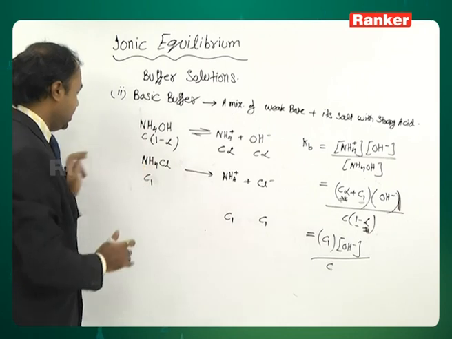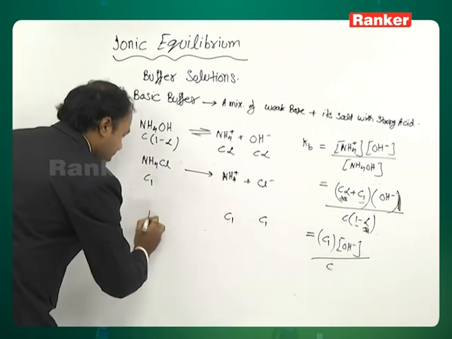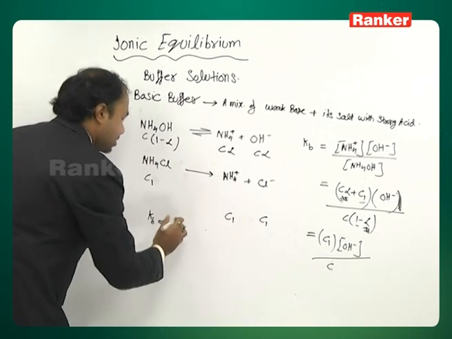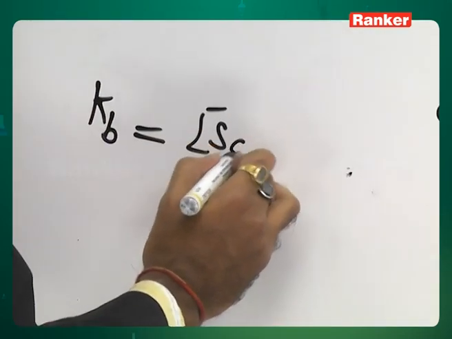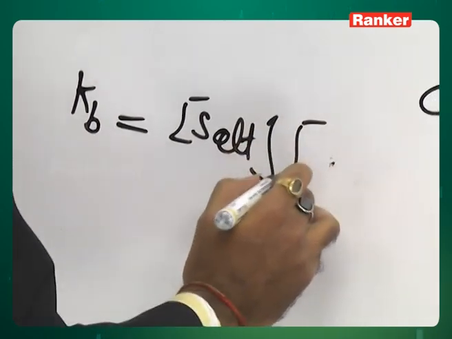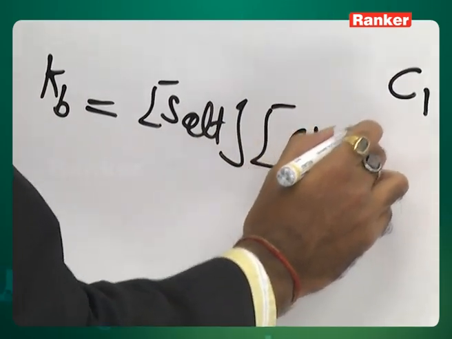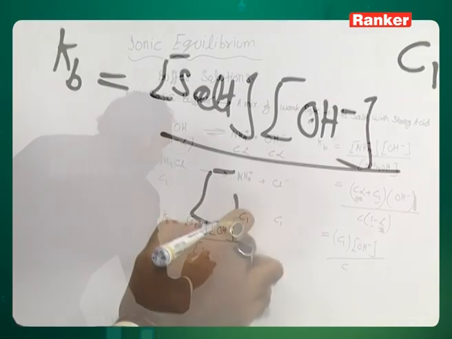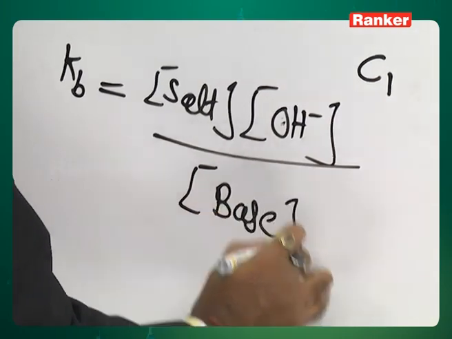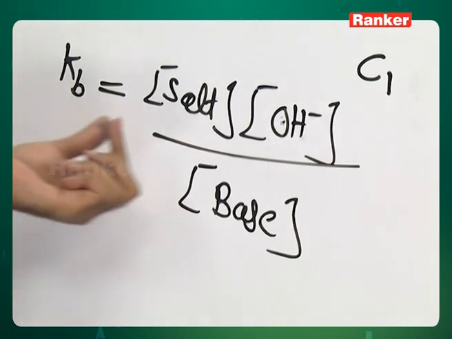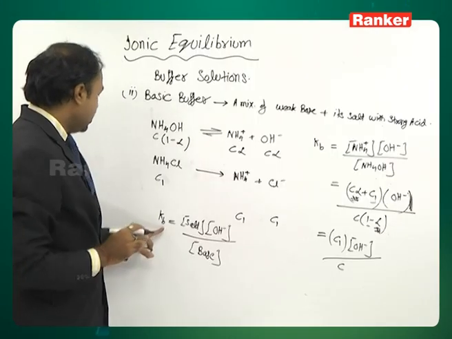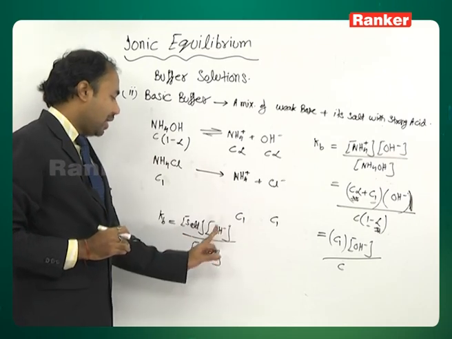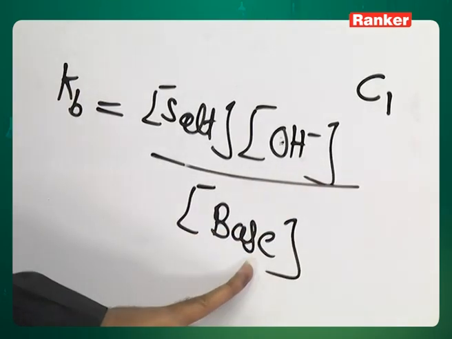So we write these values here and we get that Kb equal to C1, concentration of salt, into concentration of hydroxyl ions upon concentration of base. We take minus log on both sides. Kb comes out to be equal to concentration of salt into hydroxyl ion upon base.